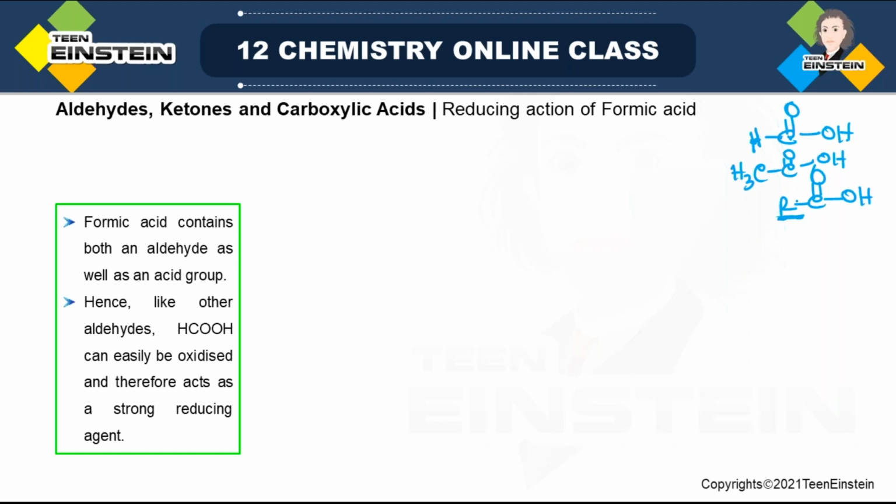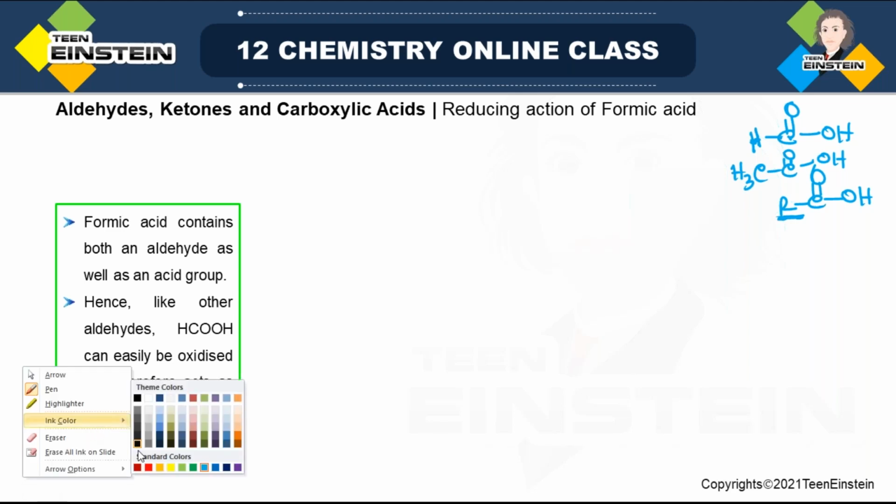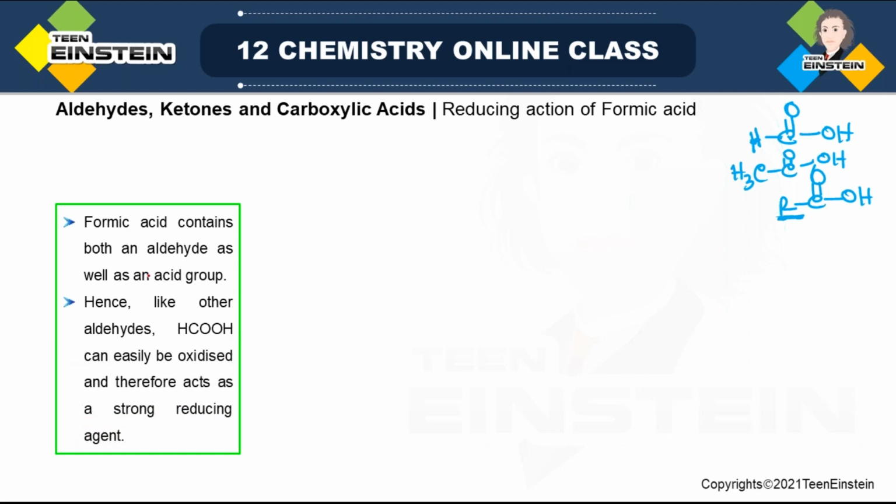Fine. So this formic acid, in its structure, if you look carefully, is very unique because it contains both an aldehyde group as well as an acid group. So obviously it contains the acid group because CO2H is present, but see, it also has an aldehyde, right?